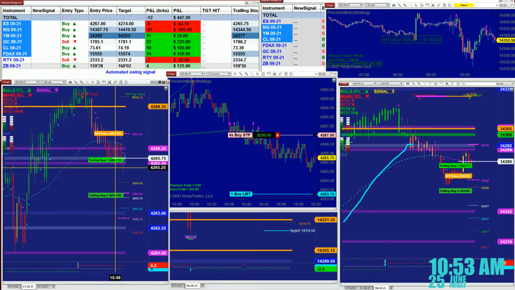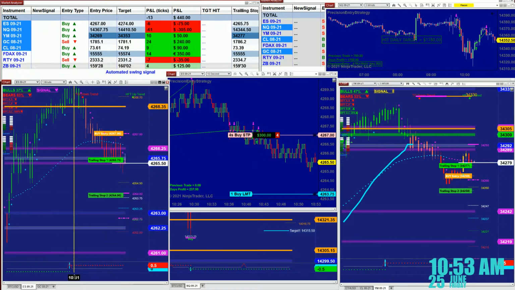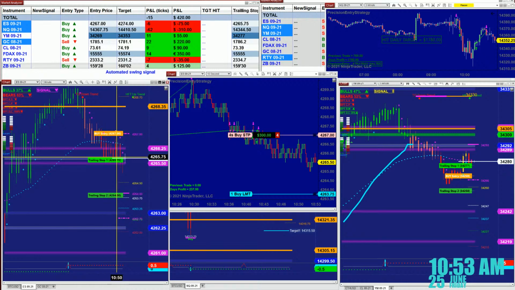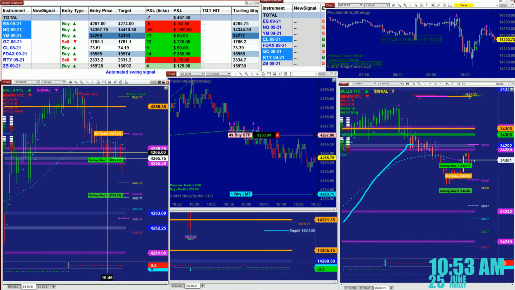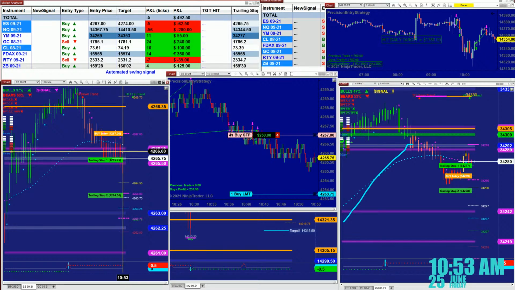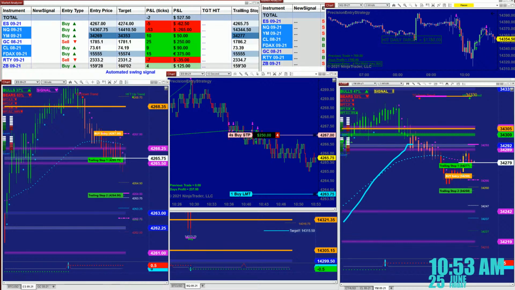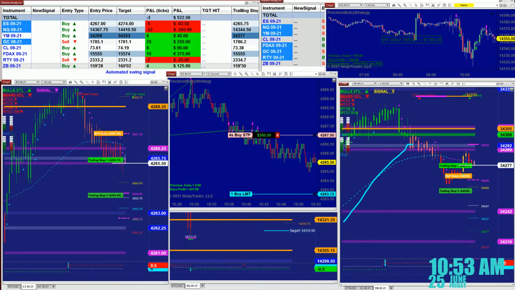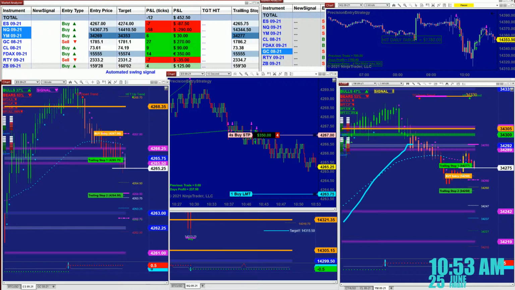So if we notice this ES, it's been going back and forth like a tango dance, back and forth on the double support area here. Every time you see a double support area, you have a problem. Every time you see a double resistance area, you have a problem when you are auto trading. So you cannot avoid double support or double resistance.